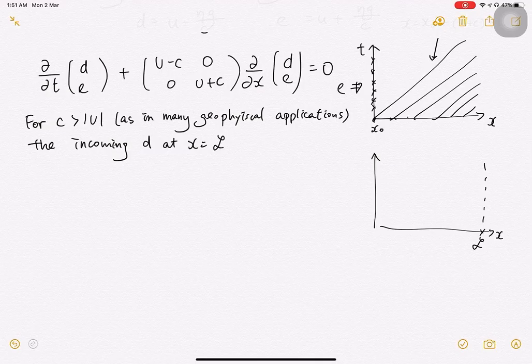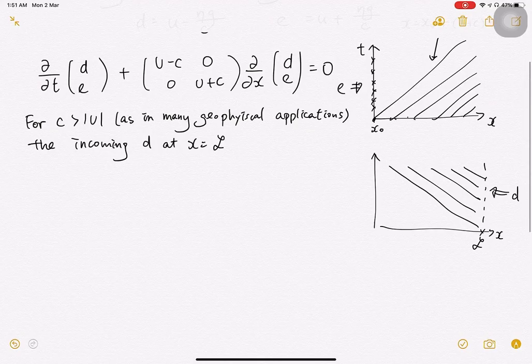Okay, so how does it propagate? If you have, so this is d, and then it should propagate like this. And the slope here is okay.